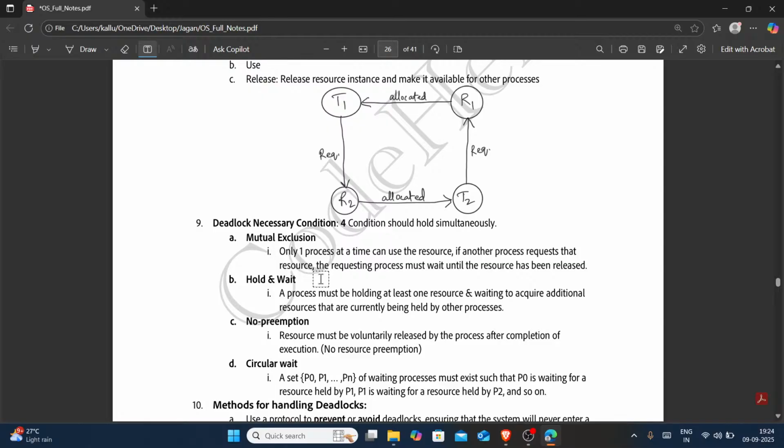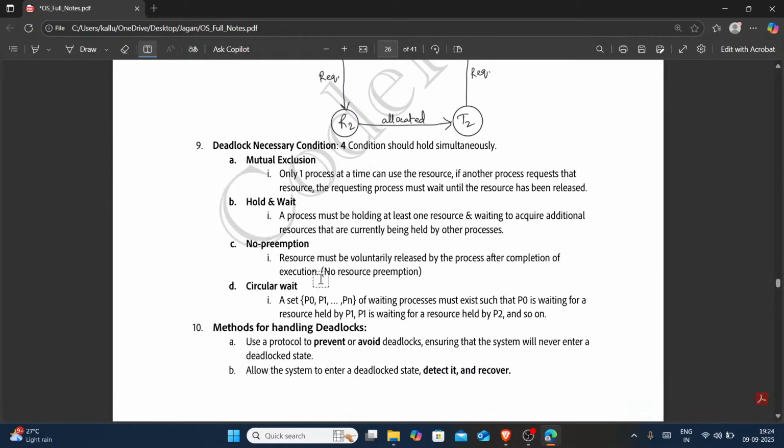So what are the four necessary conditions for deadlock? Mutual exclusion: only one process at a time can use the resource.